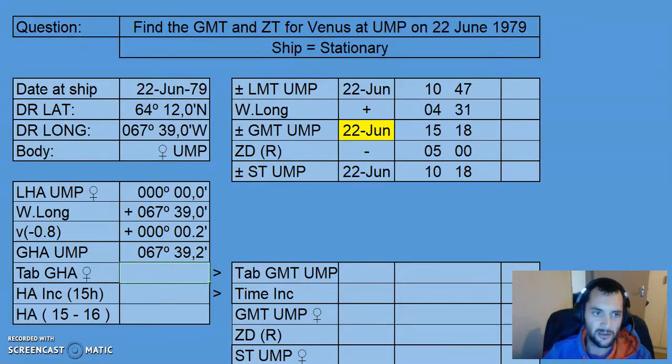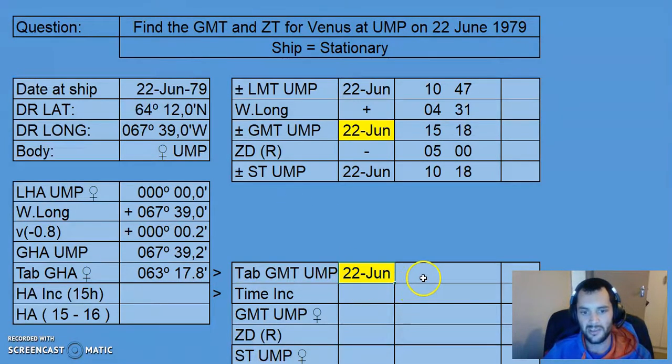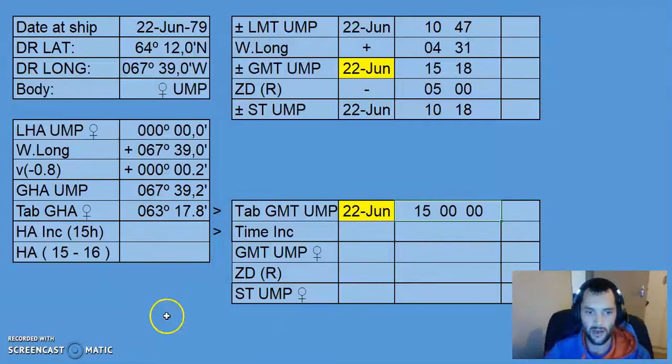We're going to read a value there of 63 degrees, 17.8 minutes. This tabulated GHA can be found on the 22nd of June at 1500. That 1500 again correlates with the 1500 over here, so that shows us that we are still on the right track.